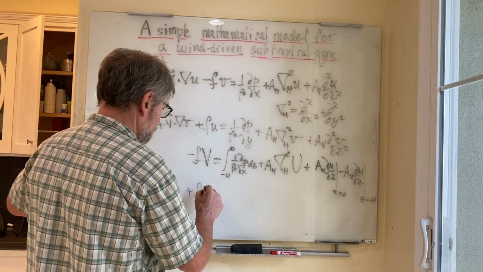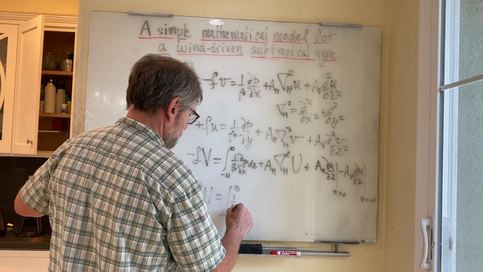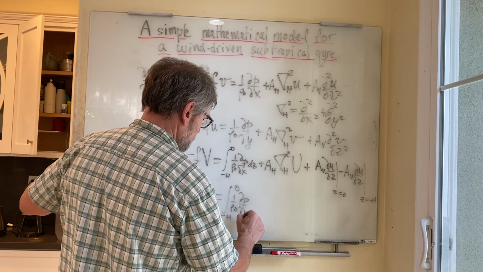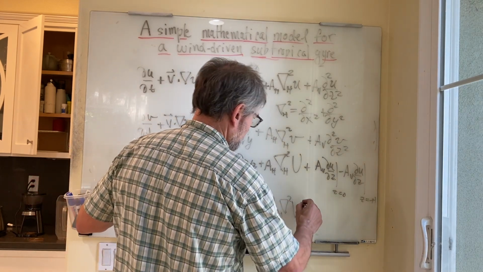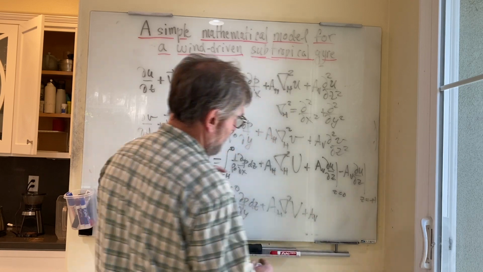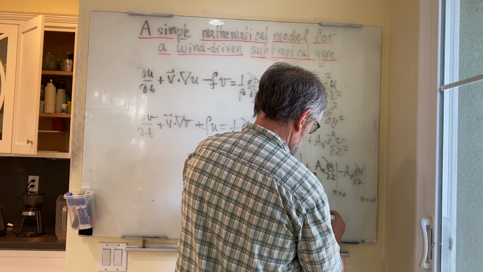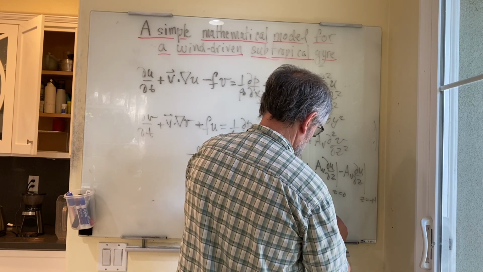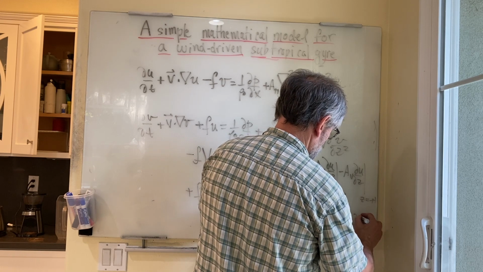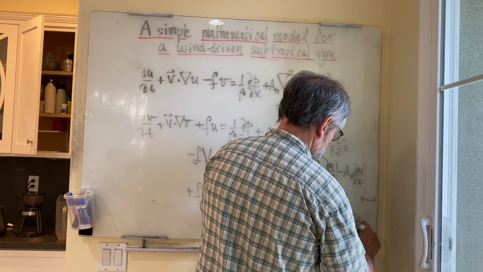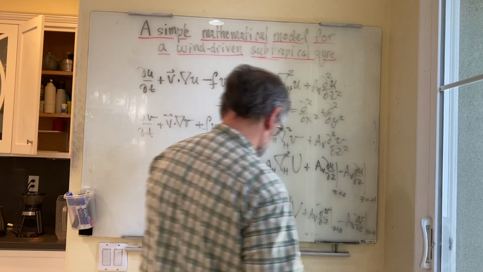I get plus fu, 0 to minus h, 1 over rho naught dp dy dz plus Ah del squared v plus Av, and again the dv dz at the top and the bottom of the ocean. So this becomes dv dz at z equals 0 minus Av dv dz at z equals minus h at the bottom.